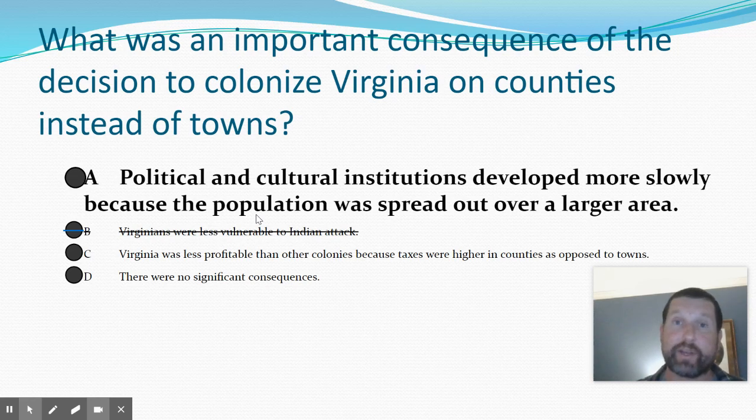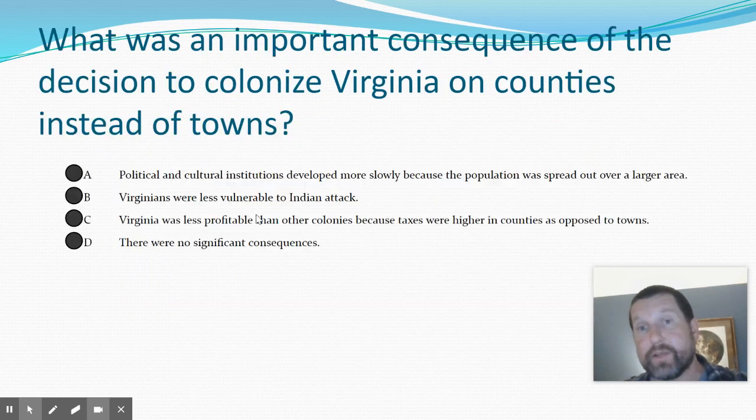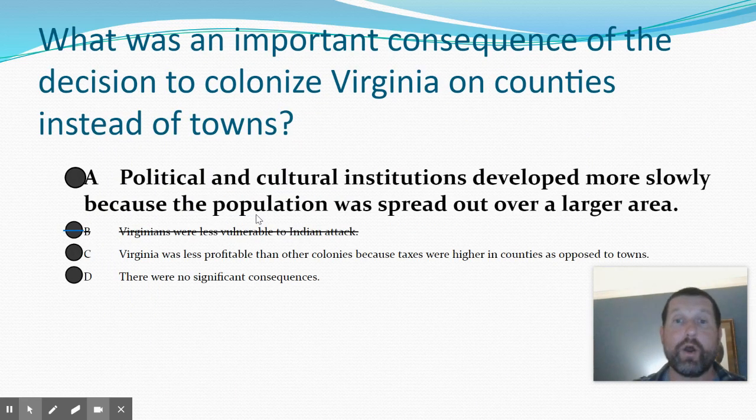Industry takes off where we have towns. It's an entirely different economic structure in New England than it is in the South, where land is really important for an agrarian economy. Vast amounts of land.